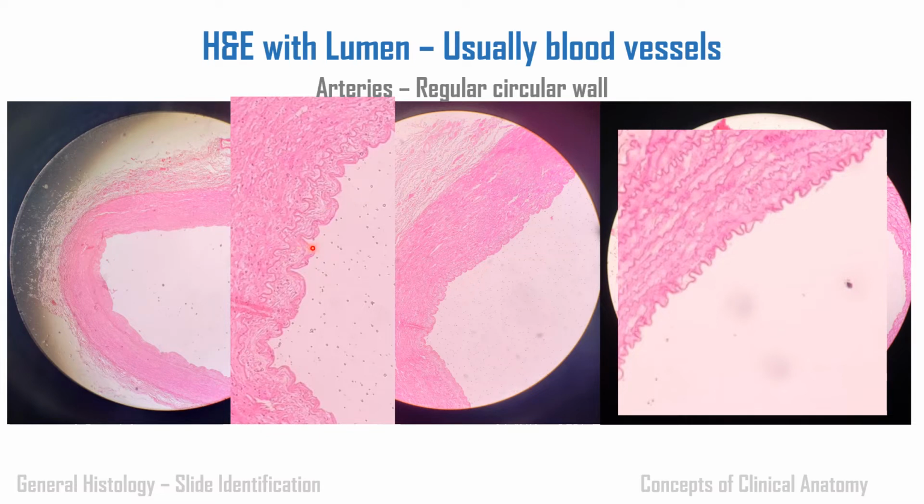Here in this one, the tunica intima is also not clear and you can't see very clear elastic fibers. This is because here a large amount of elastic fibers is present and very few smooth muscles. As there are more elastic fibers, we can't differentiate them. But here elastic fibers are present in between the smooth muscles.